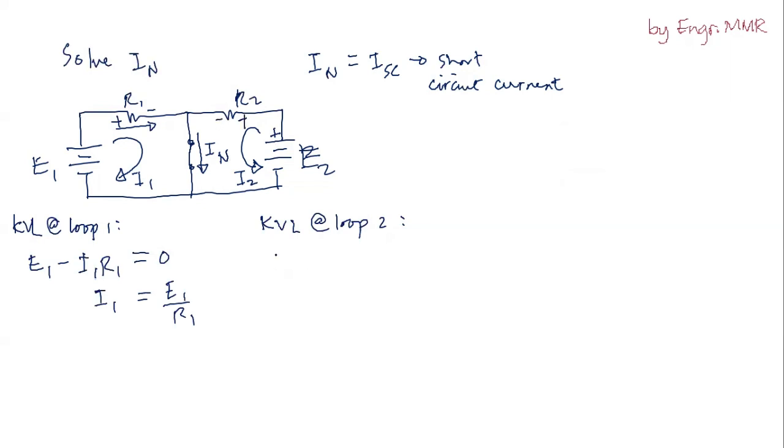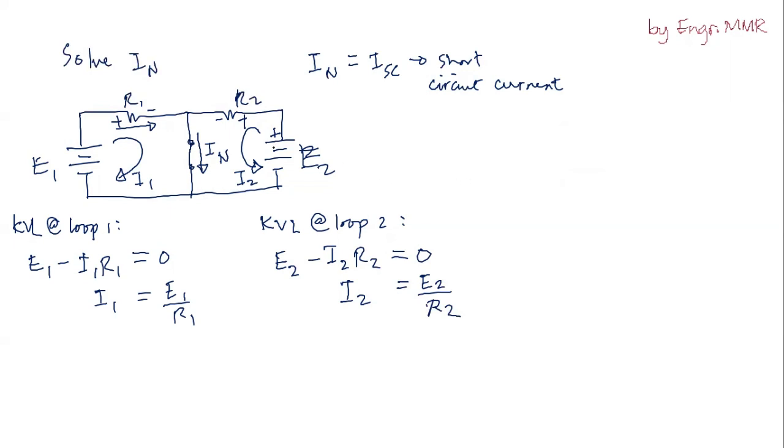So we have E2 minus I2 R2. Again, there is no element in the short circuit, it's 0 resistance, so that is equal to 0. So I2 is equal to E2 over R2.